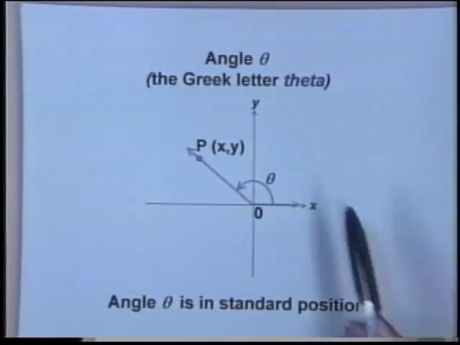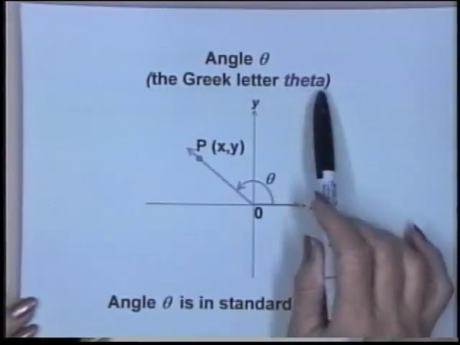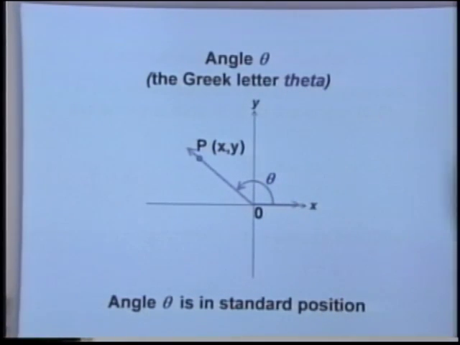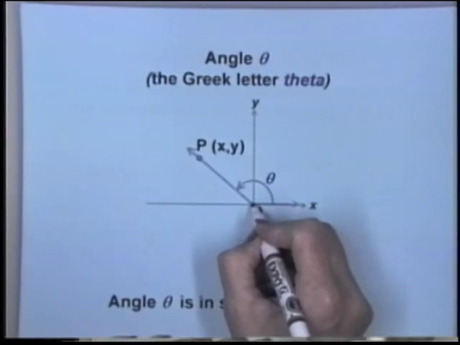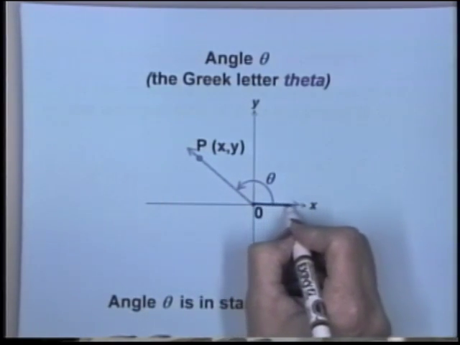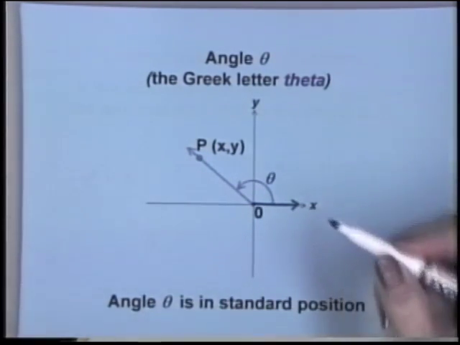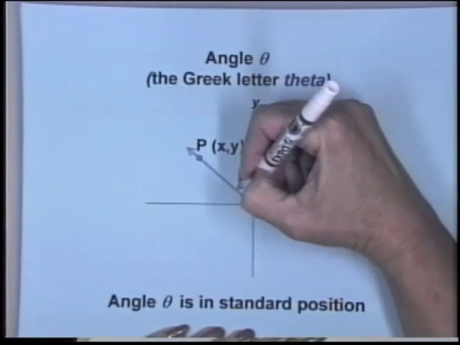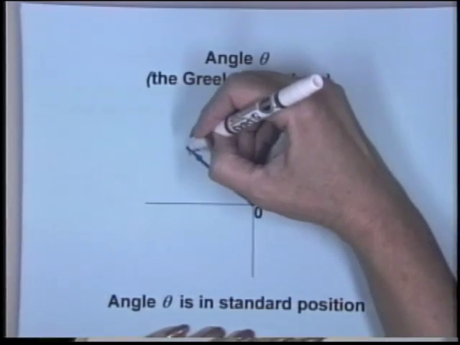Theta is an angle. We call it angle theta, and it's the Greek letter T-H-E-T-A, pronounced theta. For our trig definitions, we are assuming that the angle theta is in standard position, and if you remember, standard position for an angle means its initial side is on the positive x-axis, and its terminal side is just wherever.